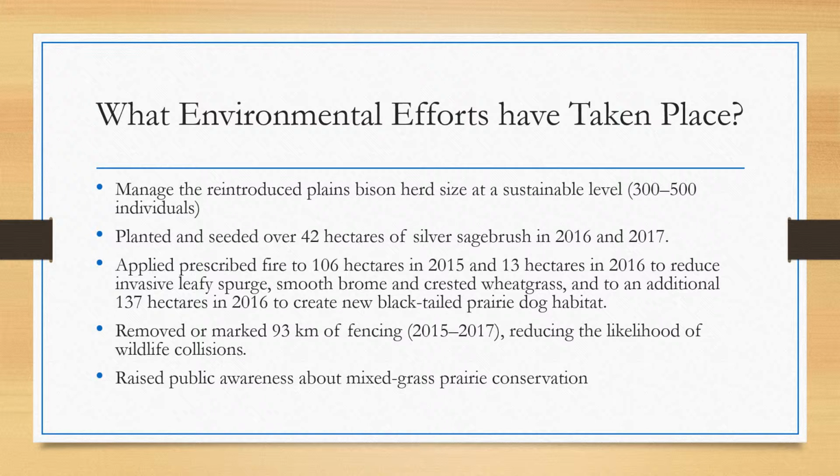They've applied prescribed fire, so that means they've intentionally burned parts of the park to reduce invasive leafy spurge, smooth brome, and crested wheatgrass. These types of grasses are invasive. They're not natural in the mixed grass prairie. They've removed or marked 93 kilometers of fencing, reducing the likelihood of vehicle collisions with wildlife, and they've raised public awareness about mixed grass prairie conservation.